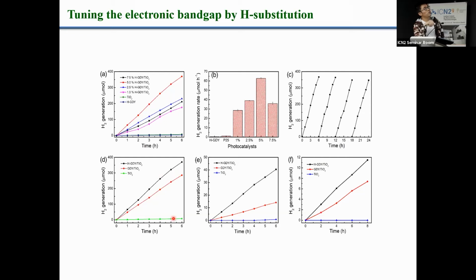This is in UV-visible light, and this is in visible light. We can see the H-graphene shows very improved activities compared to the graphene. And this is for pure water splitting into hydrogen, and for these two parts we added a sacrificial agent.